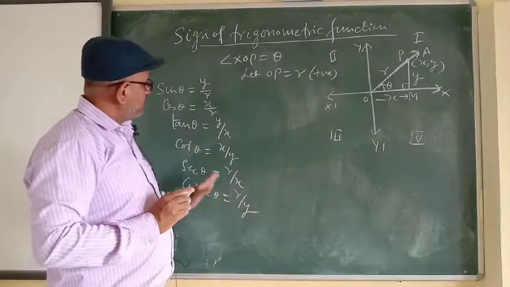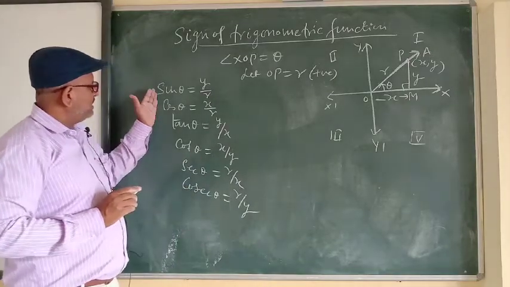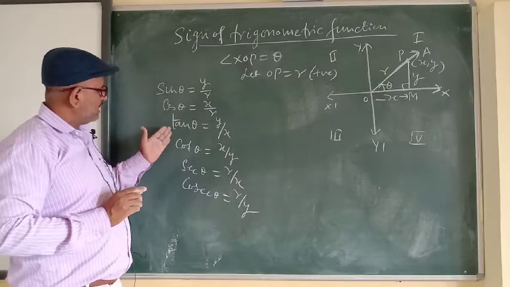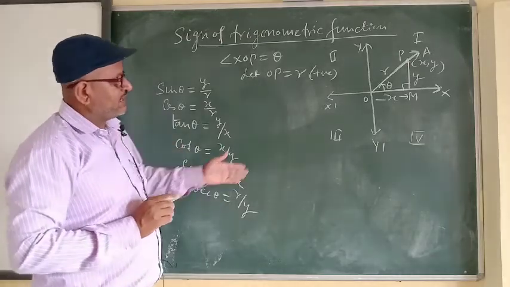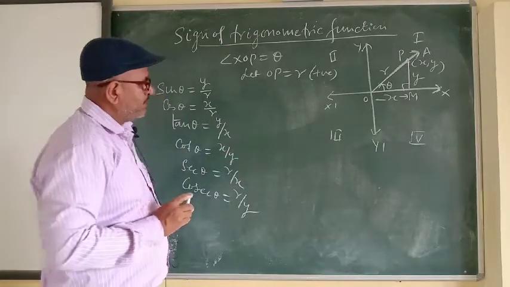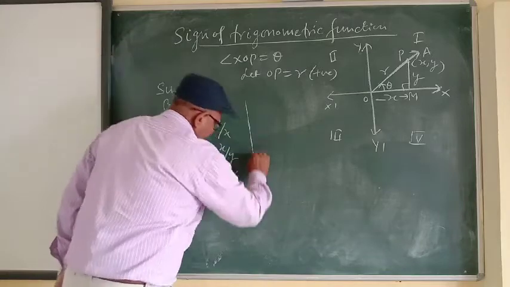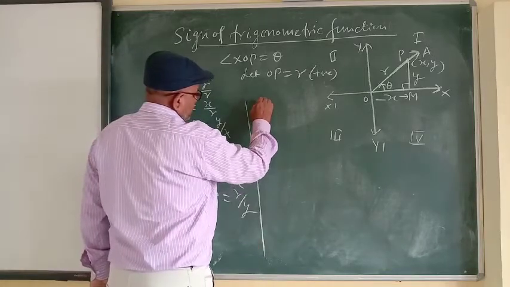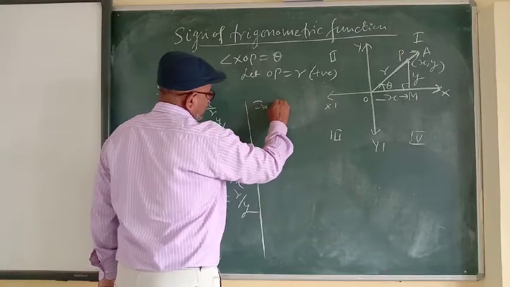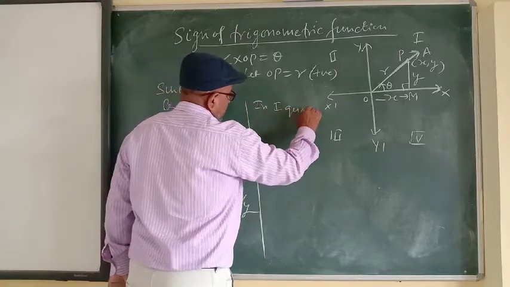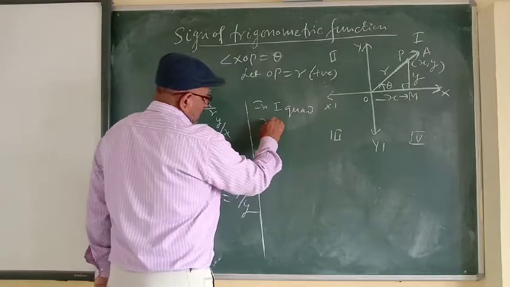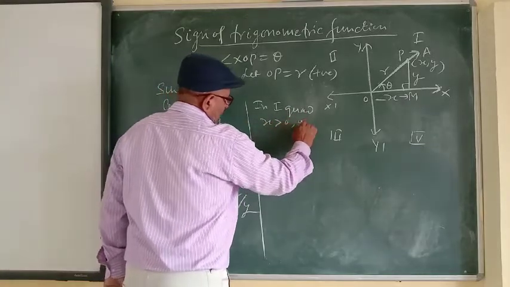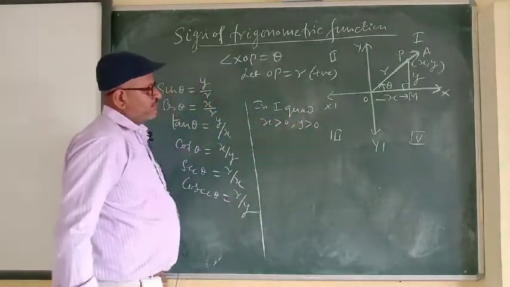Now we have to check what will be the sin, cos, tan, cot, these trigonometric functions in different quadrants. So we know that in the first quadrant, x and y both are greater than 0, positive.